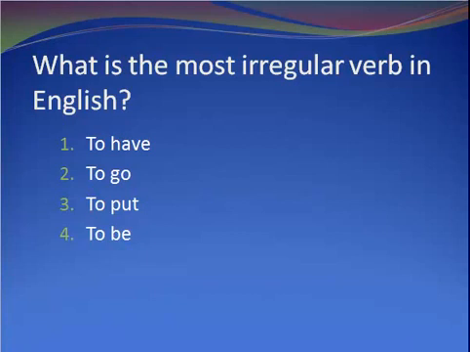Well, we find I am, you are, he is. So there are three different forms for the present, and then I was and we were. So also two forms for the past. So we find that the verb to be is really the most irregular verb in English, with 5 different forms for present and past.